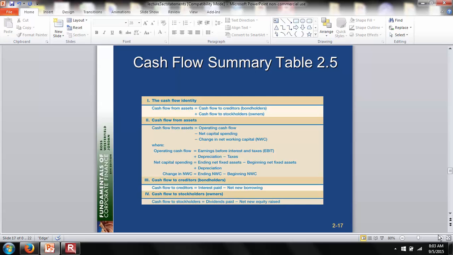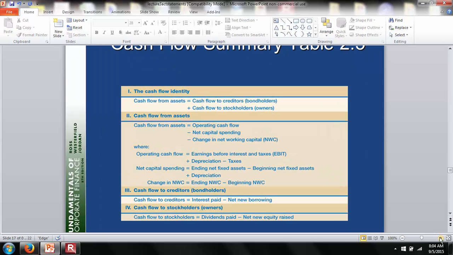So this slide summarizes some of the things we talked about, and you might be taking an exam in class or you might be taking an exam at home. In either case, I think it's very good to have a formula sheet, and as part of the formula sheet you want to include these things. The cash flow from assets is equal to the operating cash flow minus the net capital spending minus the change in net working capital, and operating cash flow is given by EBIT minus taxes plus depreciation.